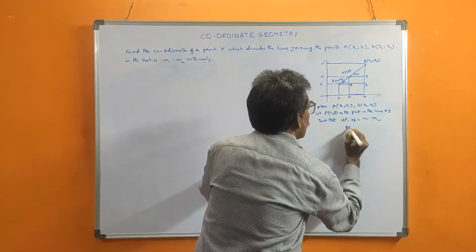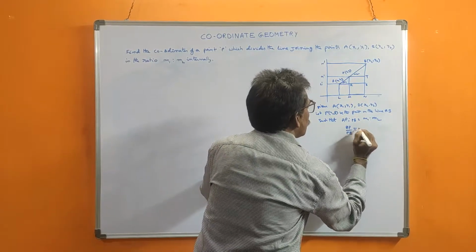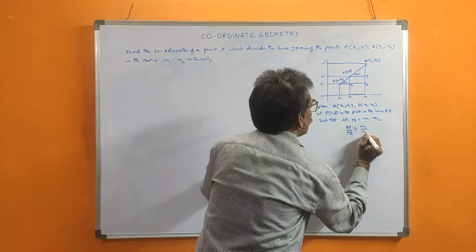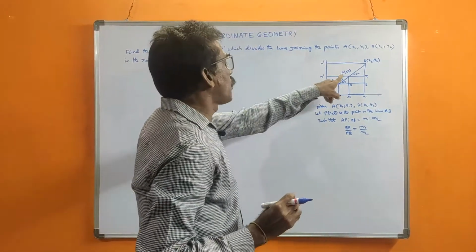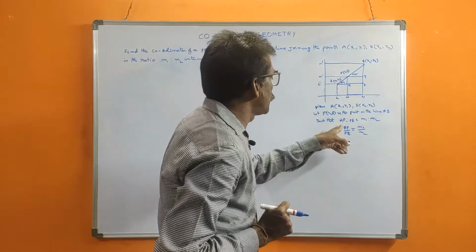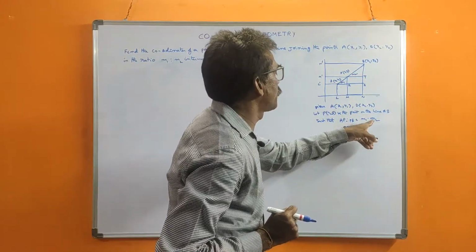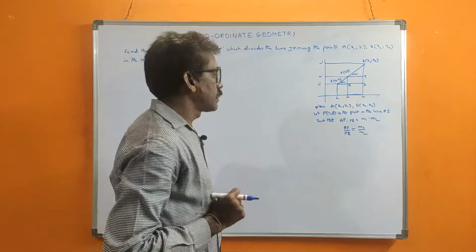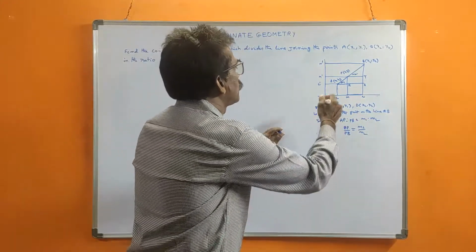That is AP by PB is equal to m1 by m2. With this condition, one point P is there on this line. That means it divides AP to PB in the ratio m1 is to m2. The ratio is also given. Now the remaining constructions we know.